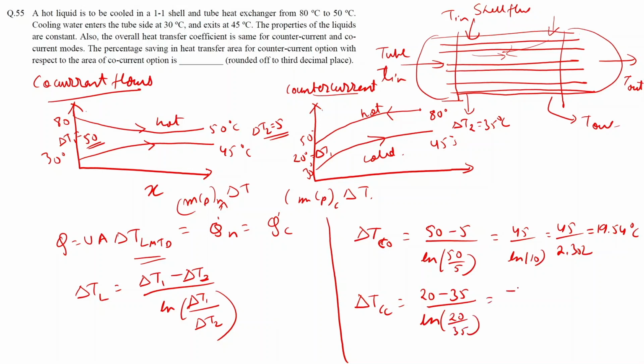So this will become minus 15 upon minus 0.5596. This will come around 26.804 degrees Celsius. So for both of these, co-current and counter current flow, we are having the log mean temperature difference.